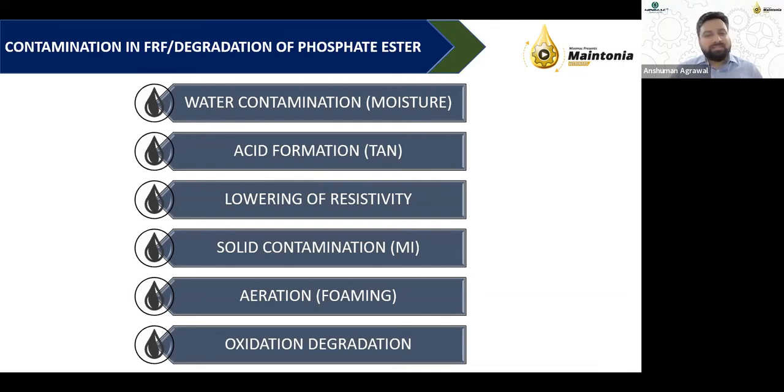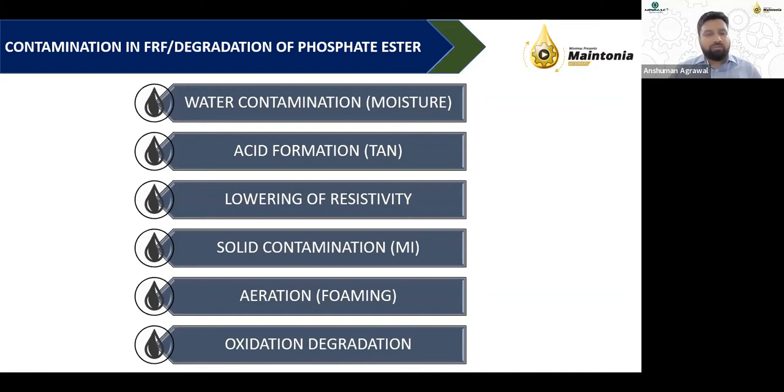So the answer is, when you buy a Ferrari, you need to take care of it, because you have spent a lot of dollars on it. The same is applicable to fire resistant fluid. It might sound like a luxury, but in reality and practicality, it's not. It's a necessity for your plants, because it's for your plant safety, for your personal safety.